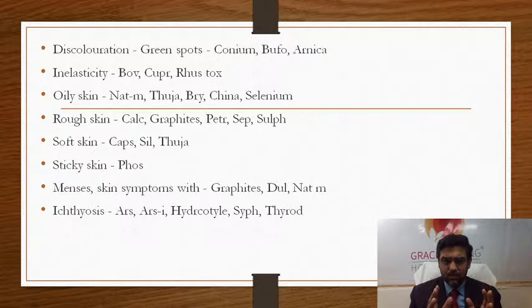The typical picture of fish skin exactly matches the symptoms of Hydrocotyle. And in Hydrocotyle, the eruptions are always copper colored. So this is how you have to see the skin of the patient and be able to prescribe.